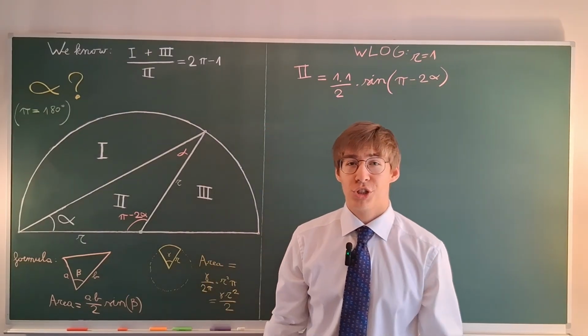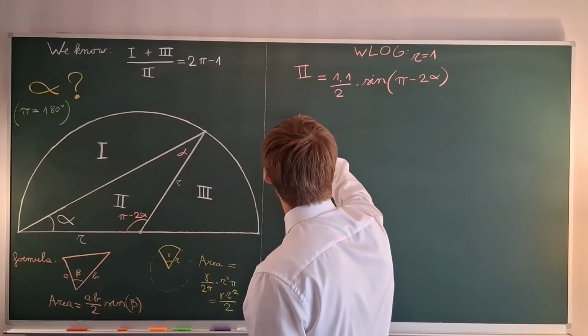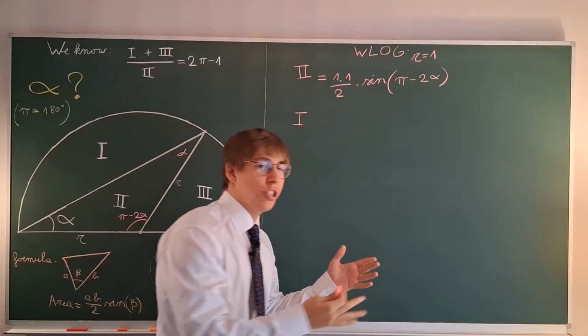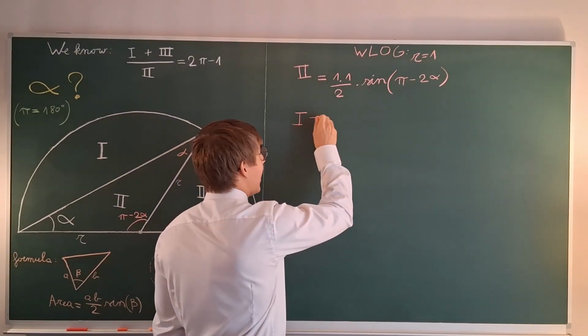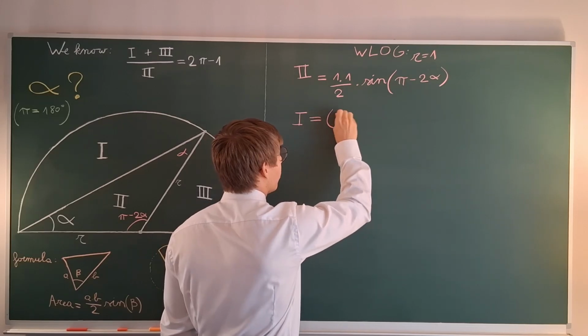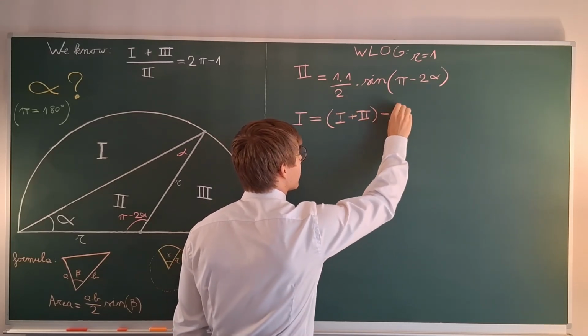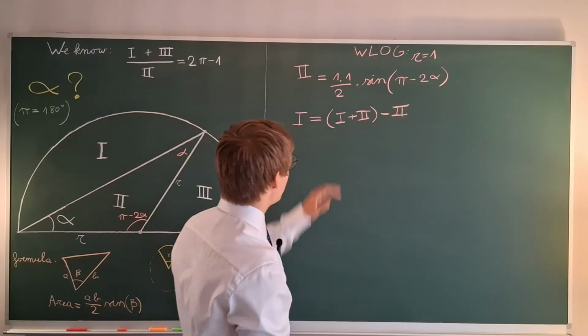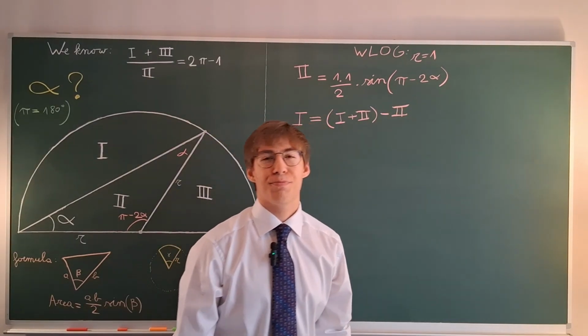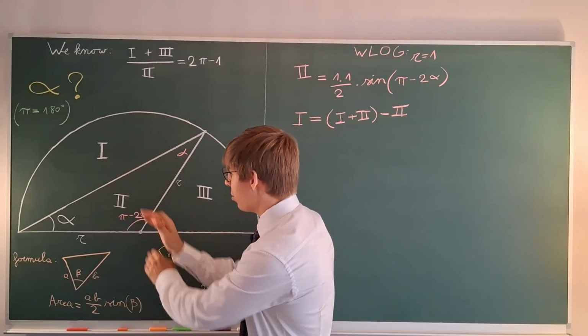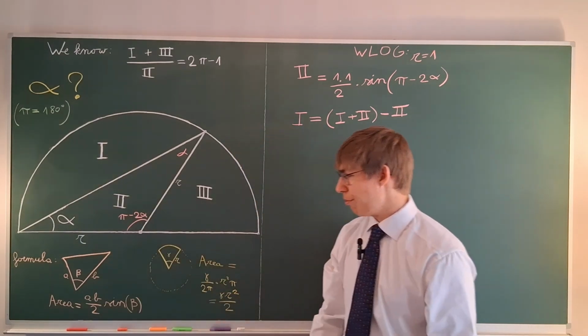Now let's calculate region 1. To calculate region 1, I will write the region as 1 plus 2 minus 2, since we already have calculated 2. So for the area of 1 plus 2, we can use this formula.